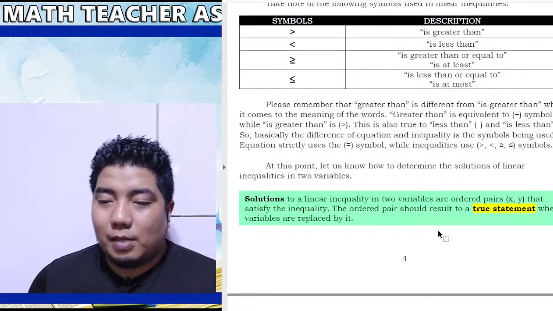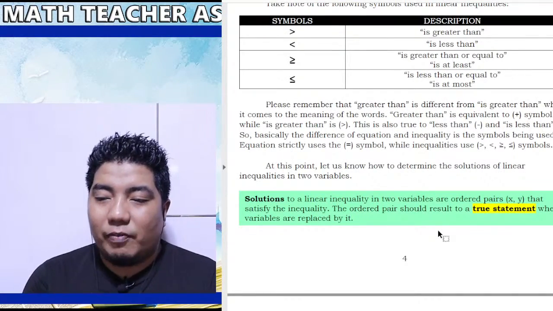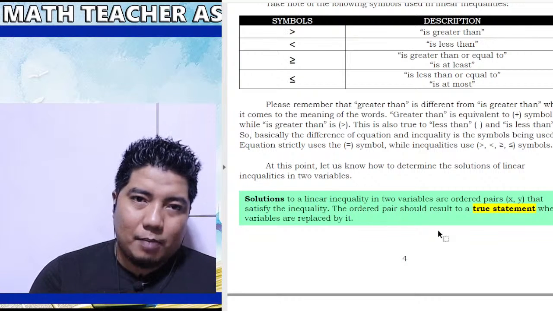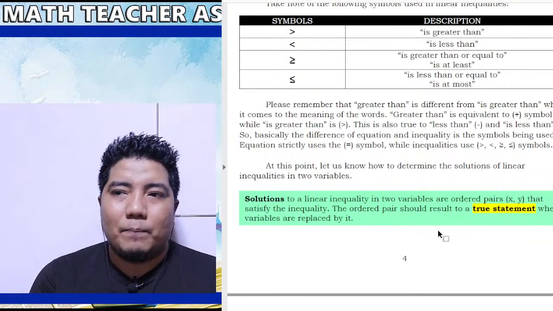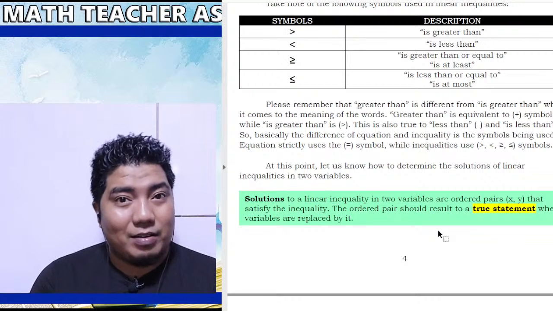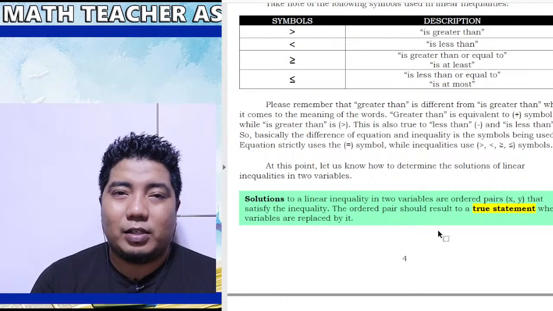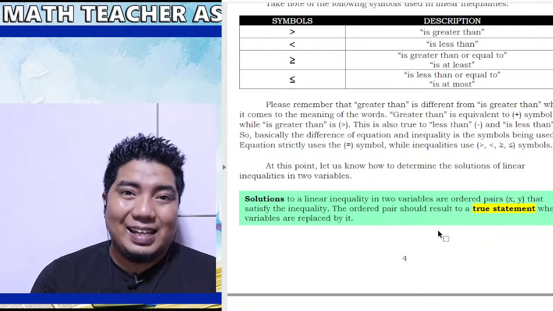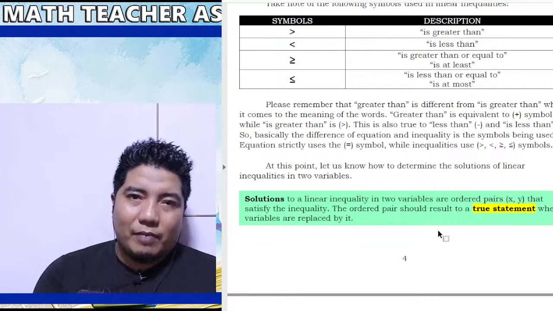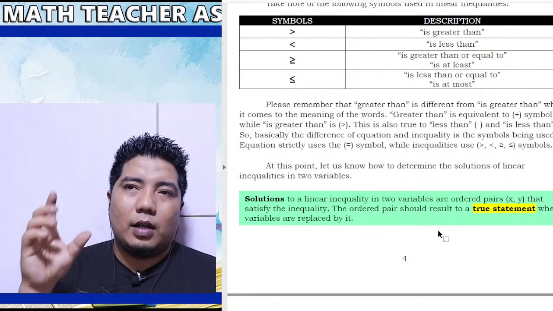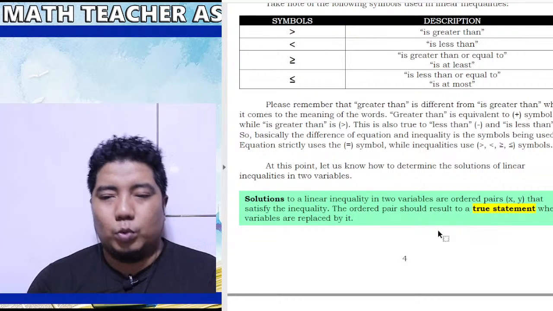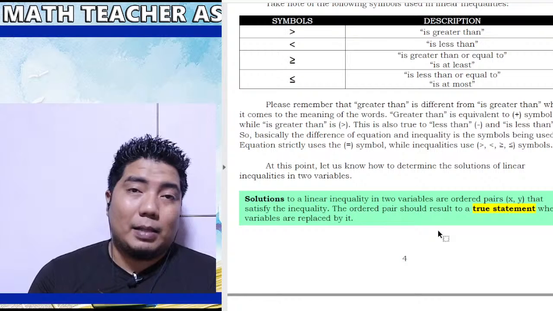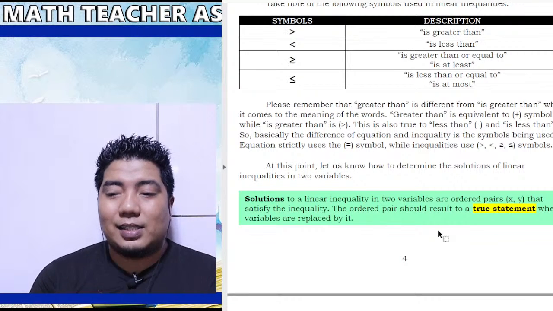Okay. So, please remember that greater than is different from is greater than. Earlier, if you could still remember, there was a term in the box, 7 greater than. So, when we say 7 greater than 2, that means 7 plus 2. But when we say 7 is greater than 2, then it is 7, the symbol for greater than, and then 2. Okay, so that is the difference. In mathematics, greater than and is greater than are different.